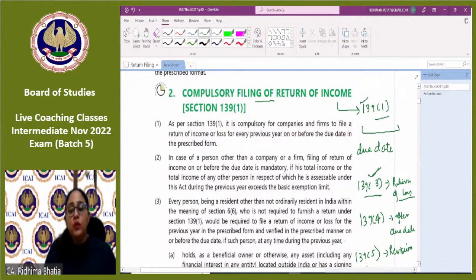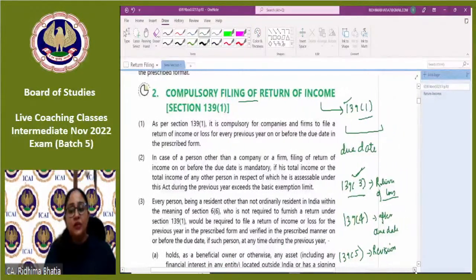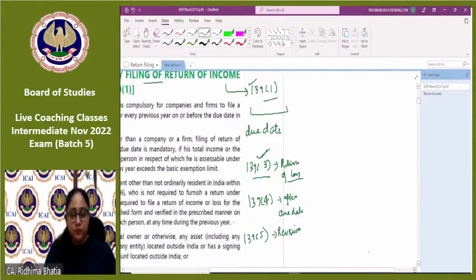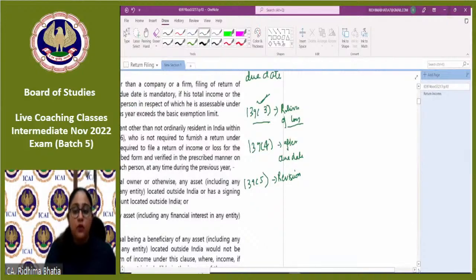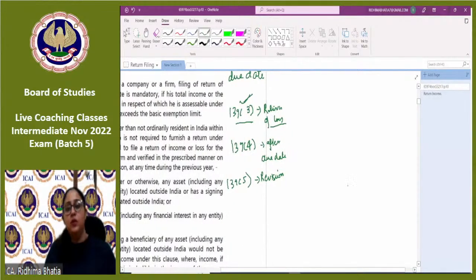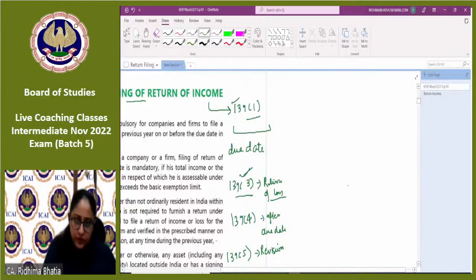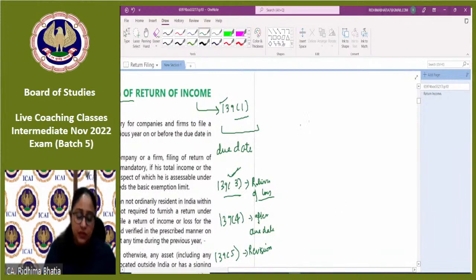Now for whom is it compulsory to file the return of income? So who has to file the return of income? Whether you or I have no income, should we file the return of income? So let's see. There's a whole list of people who have to file the return of income. Number 1 is companies and firms.